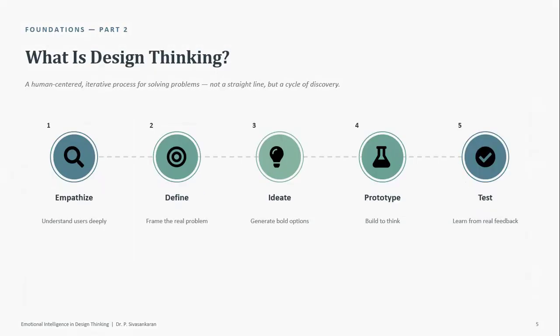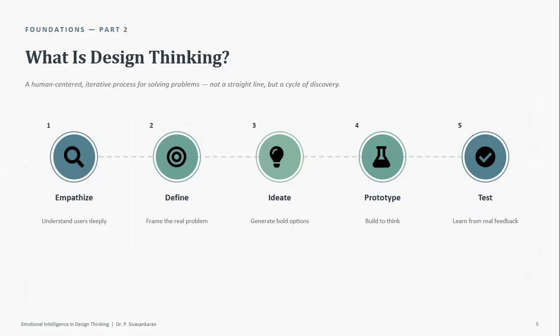Next module, we shall go through the basic foundations of design thinking. Design thinking is a human centered methodology for solving complex problems creatively. The five stages include the following things. The first one is empathize.